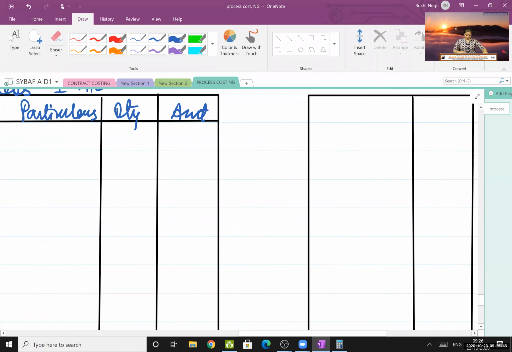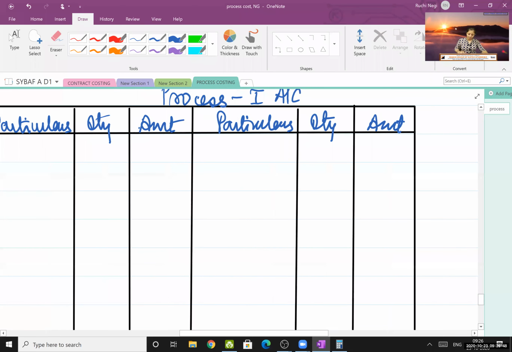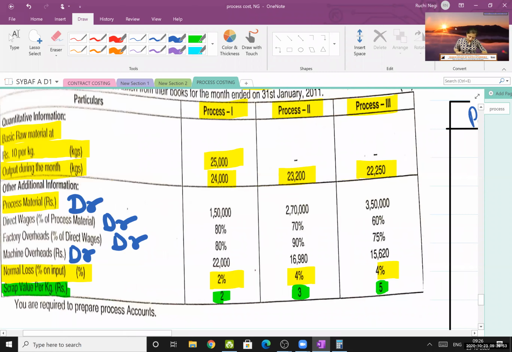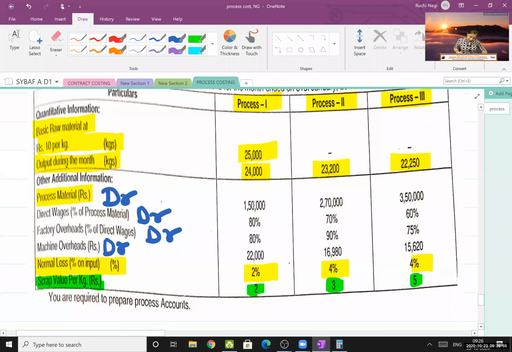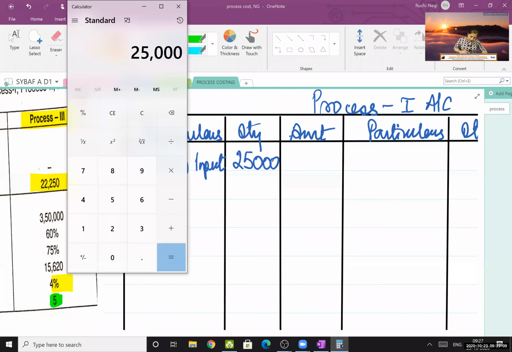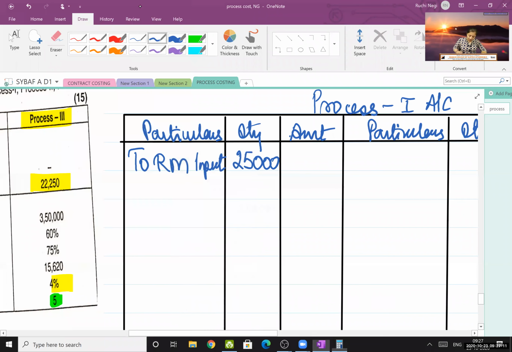Okay, so let us start. First, raw material is introduced in the first process. How much? 25,000 kgs. So right here, total raw material input 25,000 kgs multiplied with 10 rupees. 25,000 multiplied with 10 is 2,50,000.